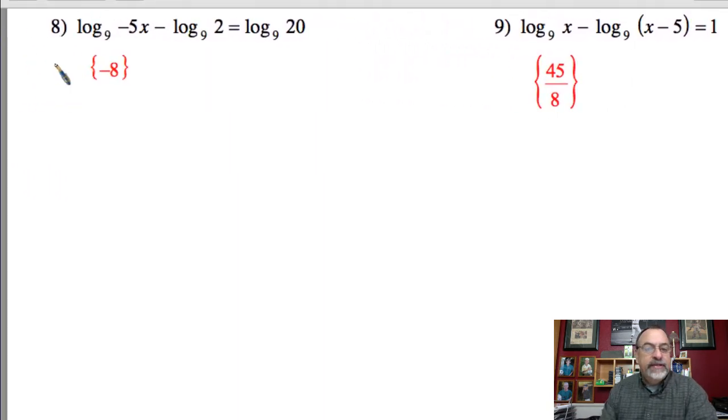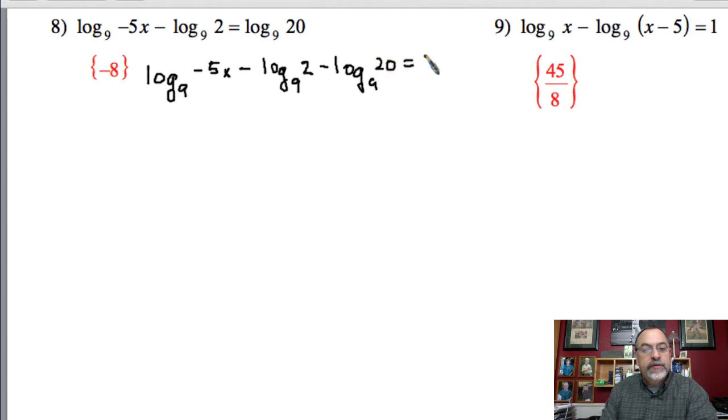Okay, again, here we have an example where we have a logarithm on the other side. So we're going to need to get that to one side so that we can apply the property. So we're going to have log base 9 of negative 5x minus log base 9 of 2 minus log base 9 of 20 is equal to 0. So now that this is all on one side, we can combine or use our properties of logarithms to get it down to one logarithm.